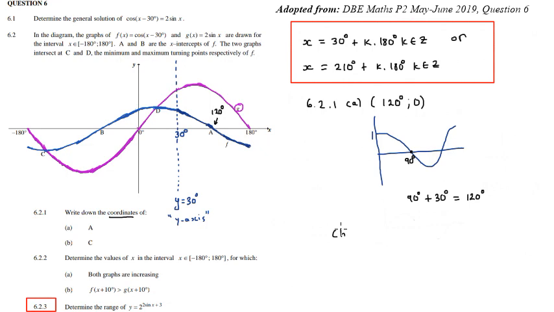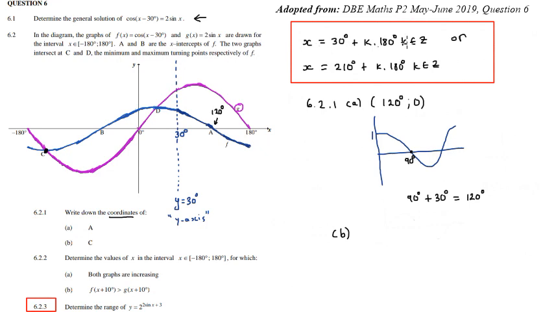B, the coordinates of C. Well, we said that the two graphs intersect at C and D. So C is this point over here. If it's a point of intersection, then it is basically this general solution where the graph of f is equal to the graph of g.